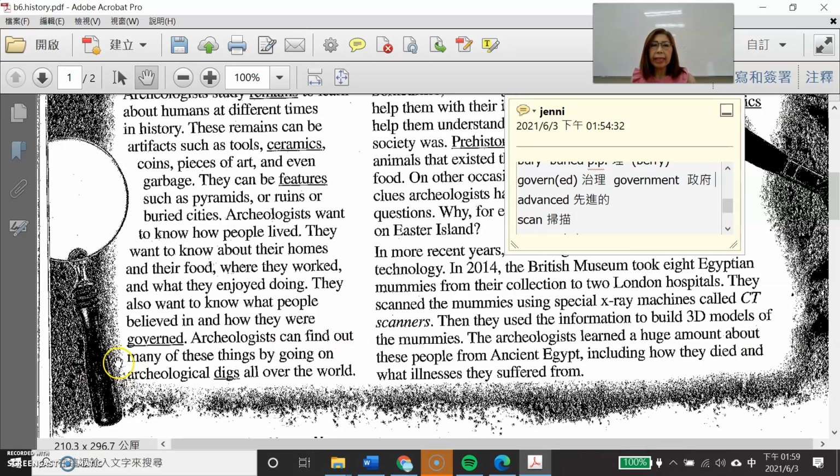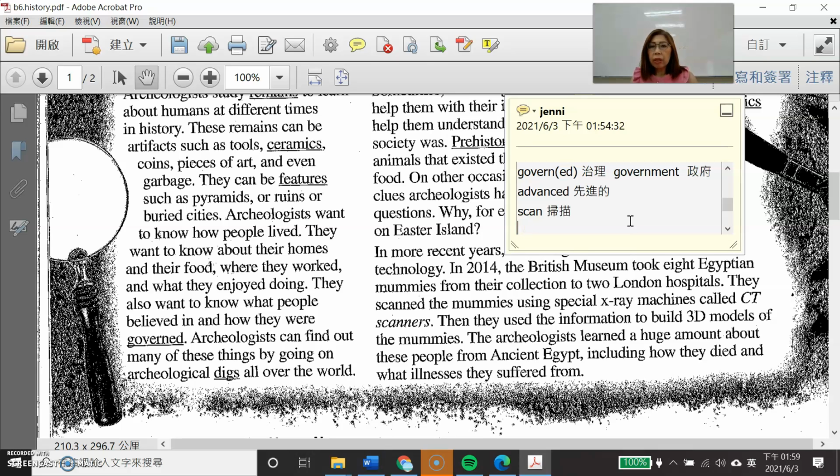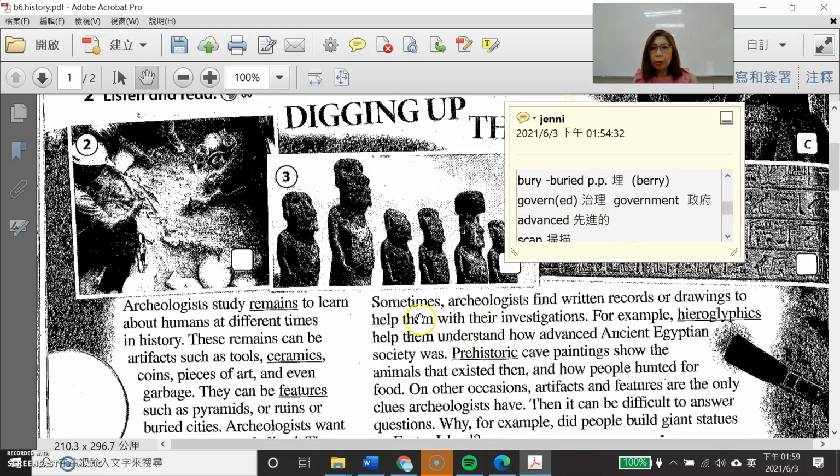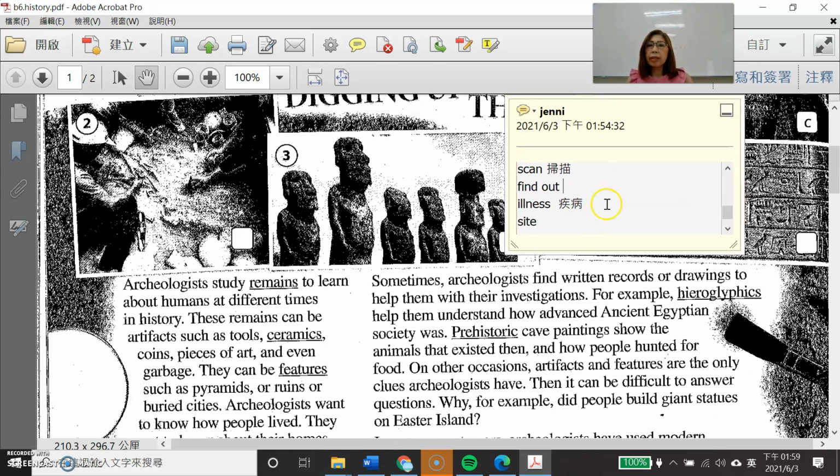Archaeologists can find out. 我们学会找，这是那个找是 find，那如果你写 find out 就是发现，有点像 discover 得到这个答案。Find out many of these things by going on archaeological digs all over the world 到各地的那个挖掘的地。Sometimes the archaeologists find written records or drawings to help them with their investigation. 记住吗？我们那天有在上课说 investigation 是你要先去调查，然后你要有 evidence 要有证据，and then after you do your investigation and you find the evidence, and then people might become a criminal, okay?